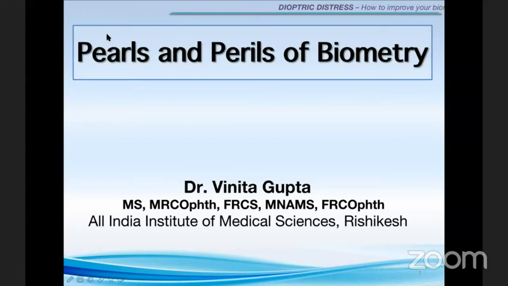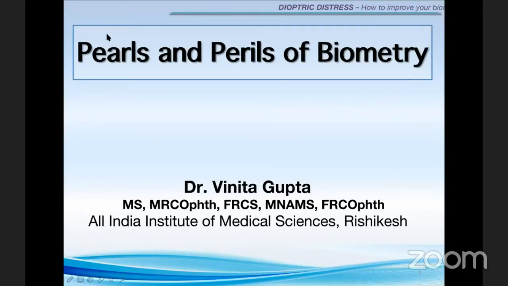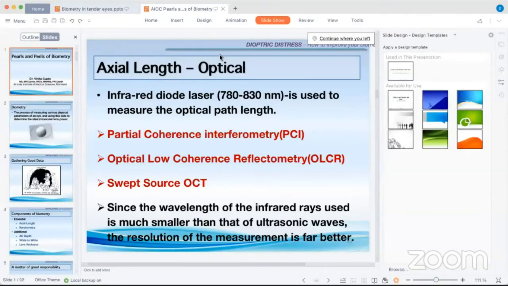I'm sorry to interrupt you, ma'am, but the screen is stuck and we cannot see the next slide. Others, please confirm. Is it okay now? We can only see the front slide. The slides are not moving. Can you try once again to take the next slide? I'll have to stop share and screen share again. Yes, now we can see.